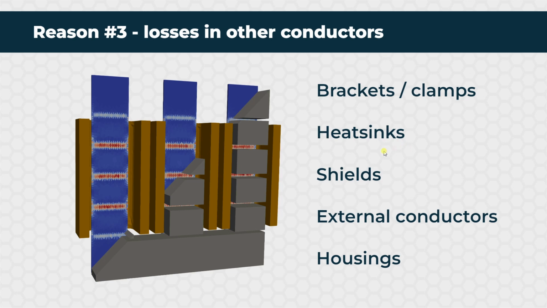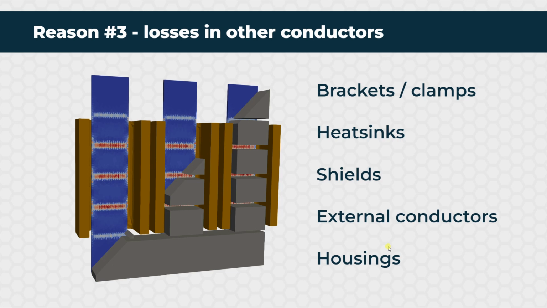Heat sinks also, if you don't design them well, then you could get some eddy currents there. Shields, all kinds of shields that could be more related to wireless power transfer, but still, for magnetic components, you also have some metallic parts around to shield it from other components. All kinds of external conductors, those could be wires from whatever comes close to your component, and housing.